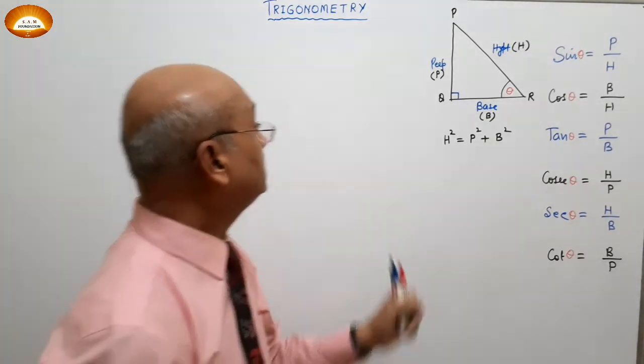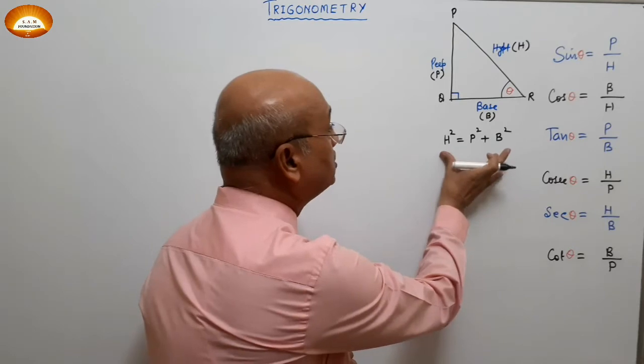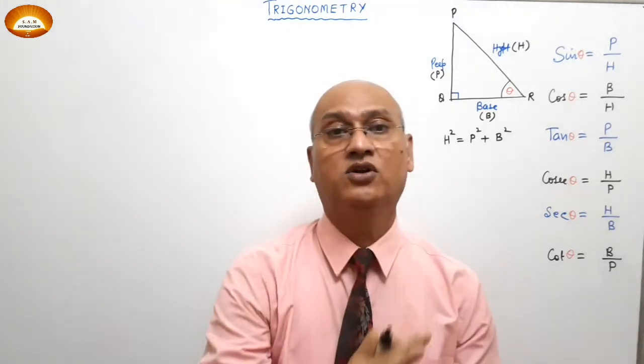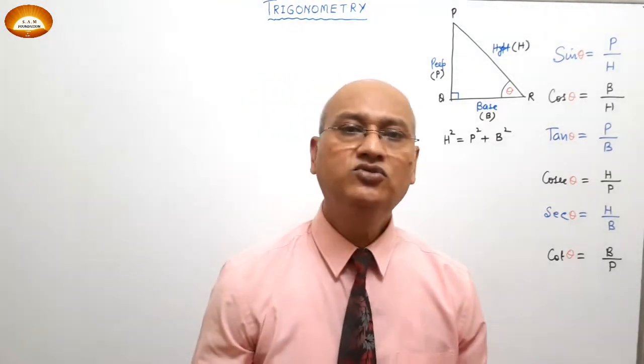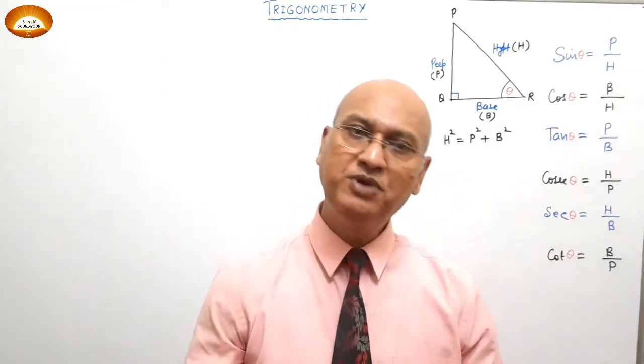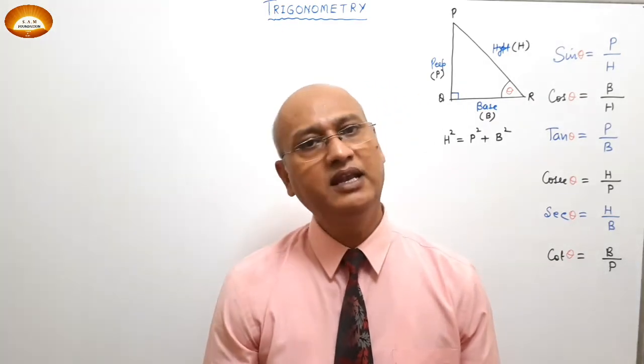First, we have to write this Pythagoras theorem in reverse order. If a is equal to b, we can write b is equal to a also; it doesn't make any difference.